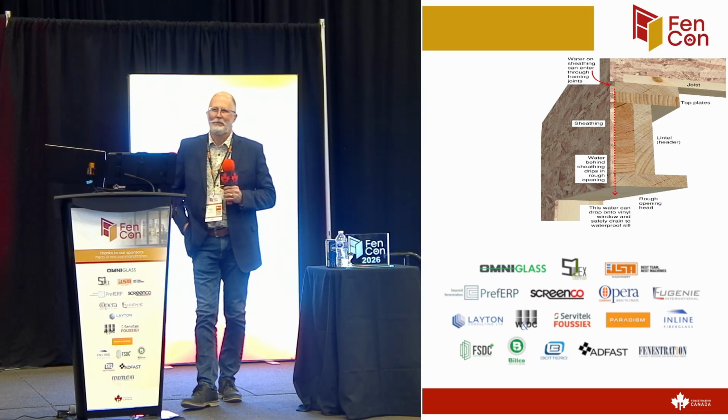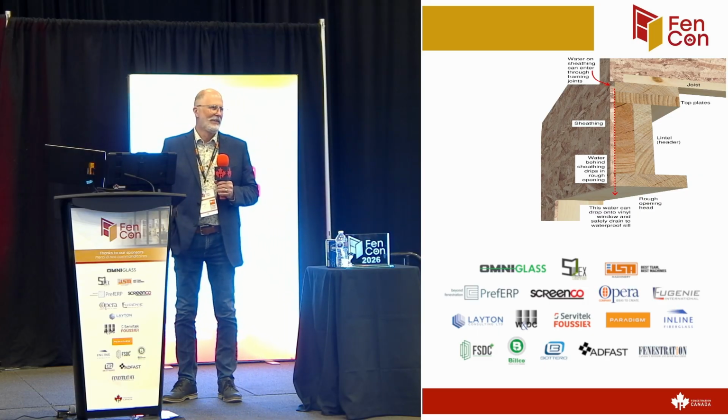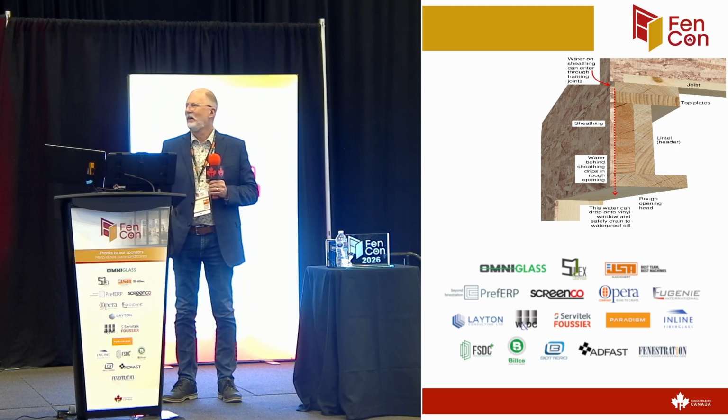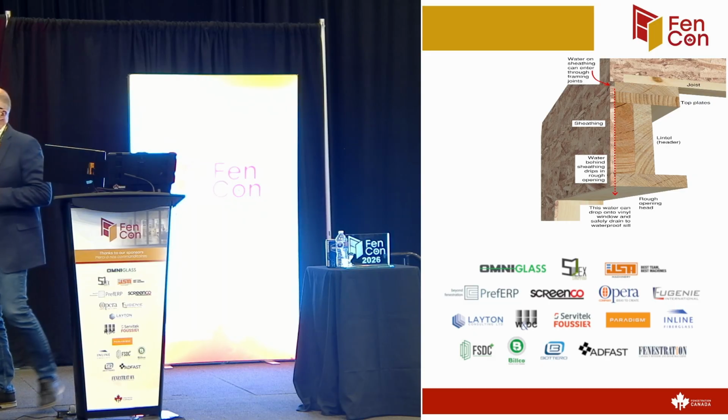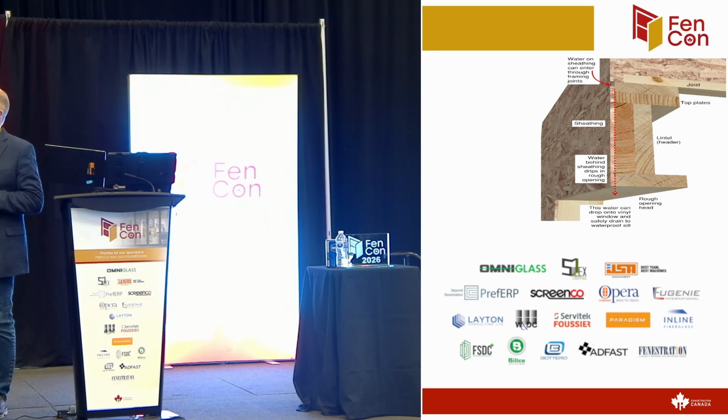Totally, yeah. No, I'm on board as well. Cool. One of my favorite bits that came out of that NRC study was the idea that air and water have to be stopped at different planes. Yes, that is such a critical portion of that conversation. Ideally you've got a flange system or flashing at the window so that you're stopping the air before it gets into that cavity.